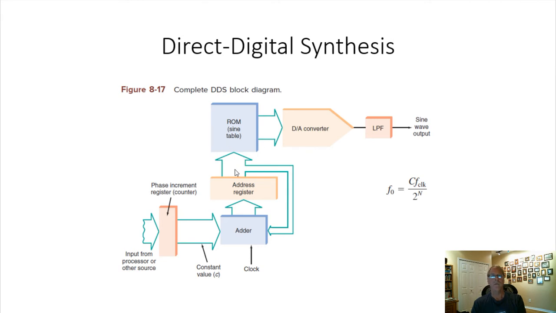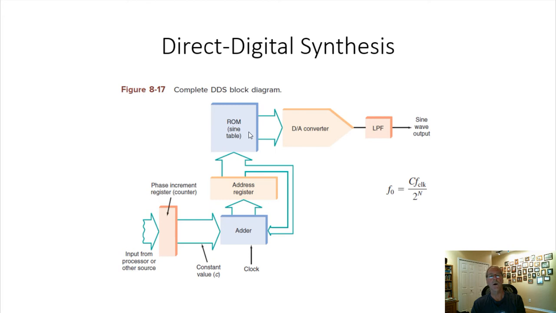Now the key is the faster you increment this address register, the faster you're going to get through the ROM table, which means that when it goes through this digital to analog converter, the higher the frequency of the sine wave is going to be.